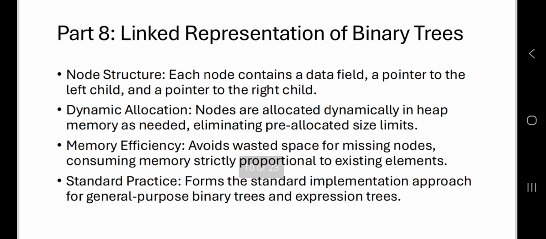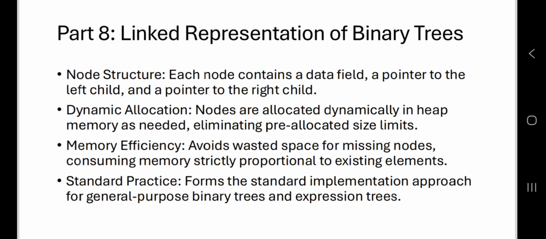Linked representation of binary trees. To avoid wasted space, we often use the linked representation. The node structure here contains a data field, a pointer to the left child, and a pointer to the right child. This allows dynamic allocation, where nodes are allocated dynamically in heap memory as needed, eliminating pre-allocated size limits.